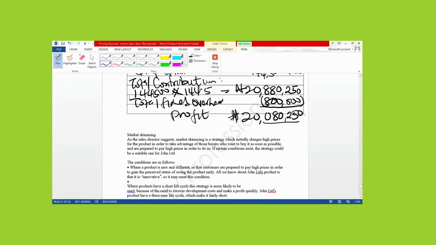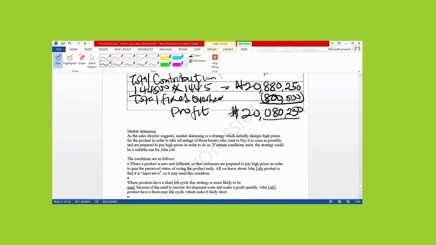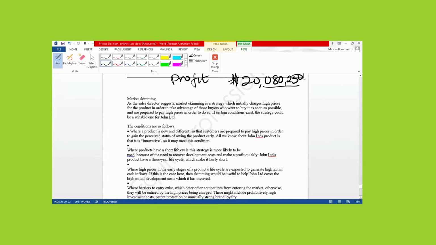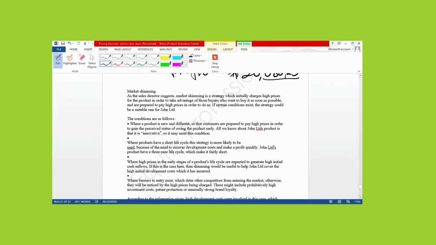John Limited's product has a 3-year life cycle, which is fairly short. Also, where high prices in the early stage of the product life cycle are expected to generate high initial cash inflow.